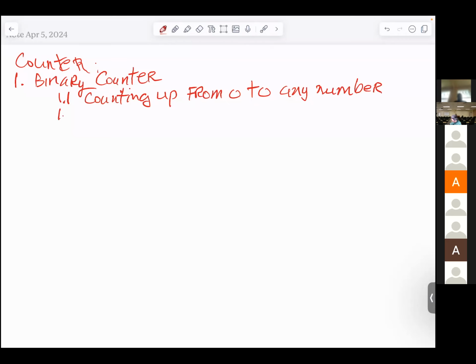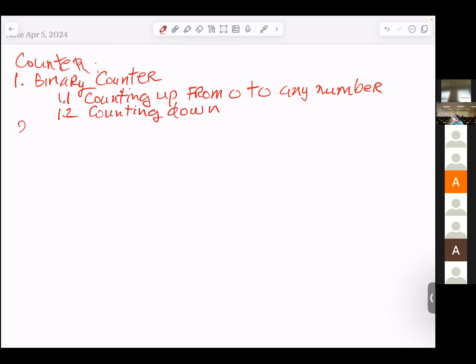And next, they can be counting down. Same thing. You can count down from any number. Like you're now counting down from 16 to 0 and back to 16. Counting up, they can count 0 to 16 and back to 0. Keep going. Okay? That's a binary counter.